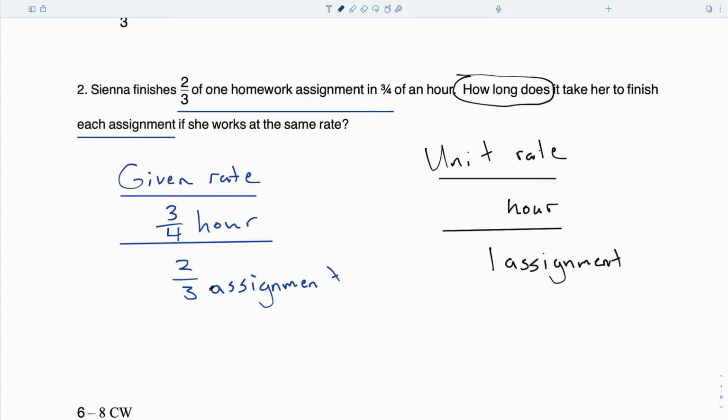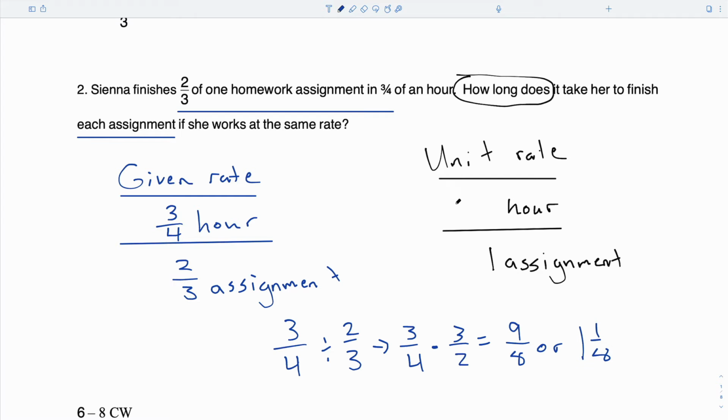This is a complex fraction. Set it up as a division problem. Keep the first fraction, flip the second fraction, and change the sign. You should get 9/8 or 1 1/8. So the unit rate, or how long it takes Sienna to finish one assignment, is 1 1/8 of an hour.